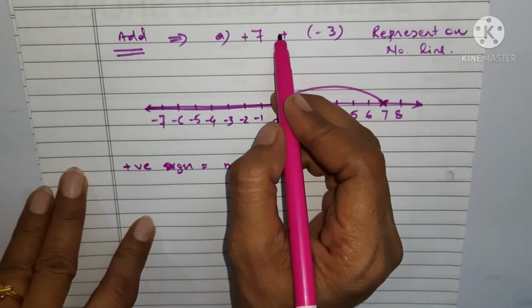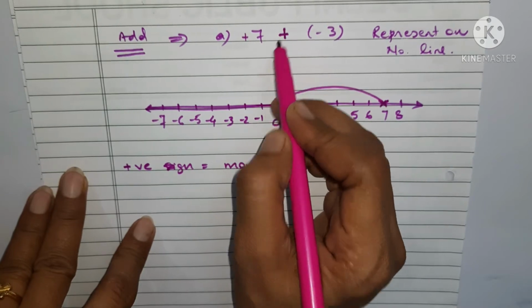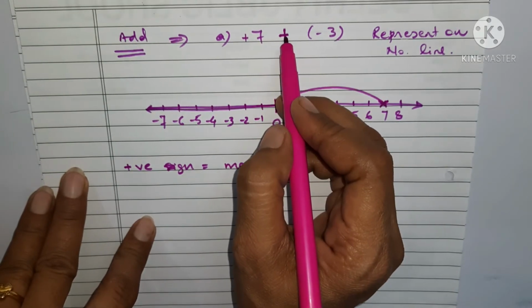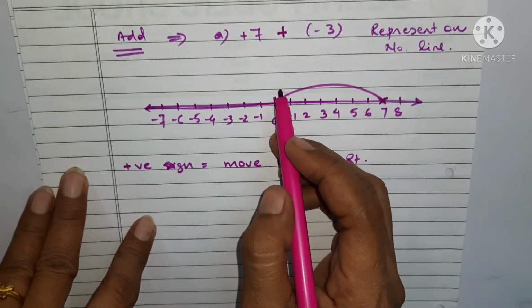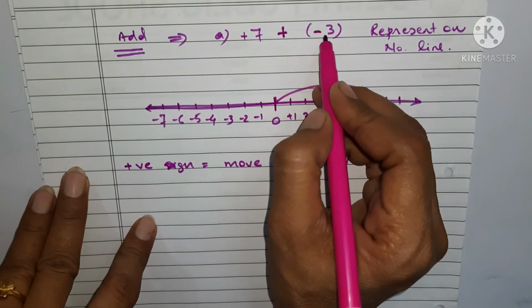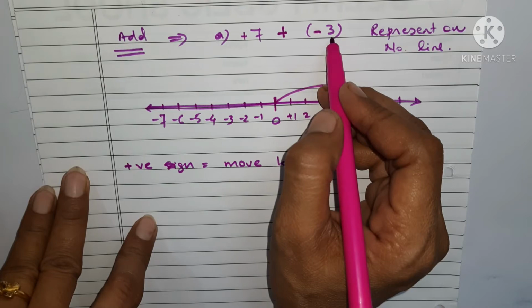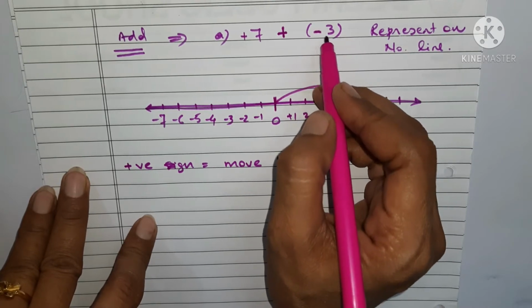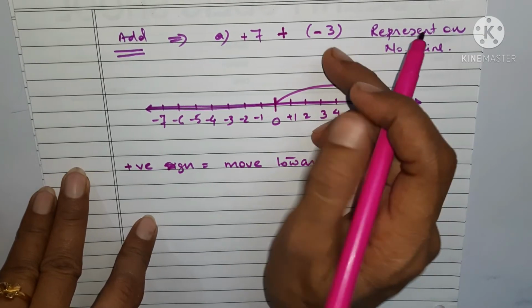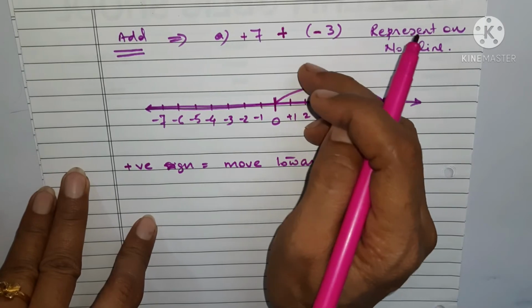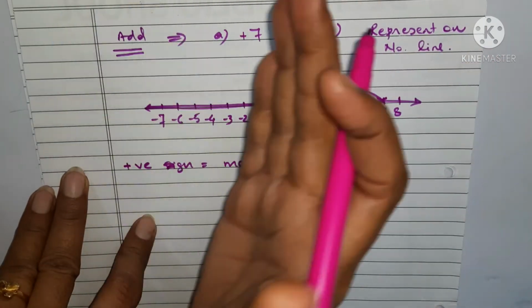Then it is to be added. Addition means you again move towards the right, but you can see that just beside it there is a negative sign, a minus sign along with 3. It means your movement should be towards the left side.